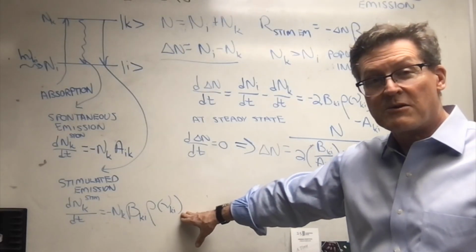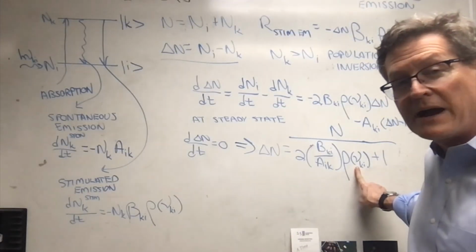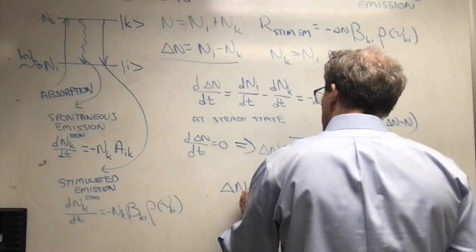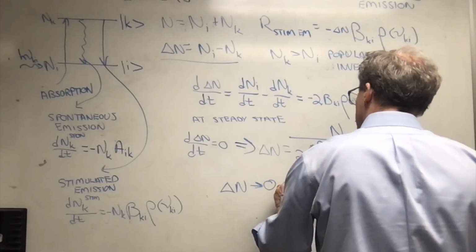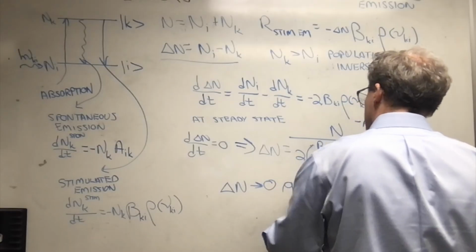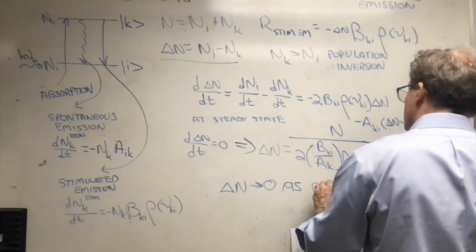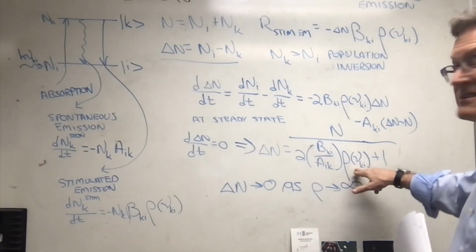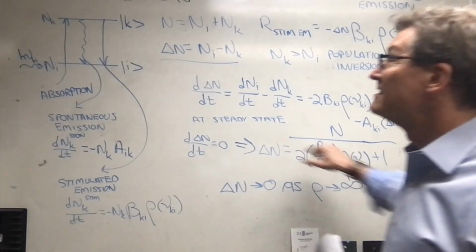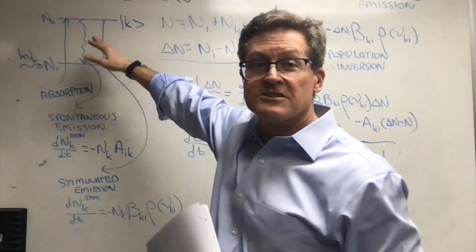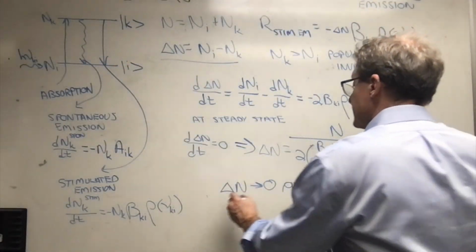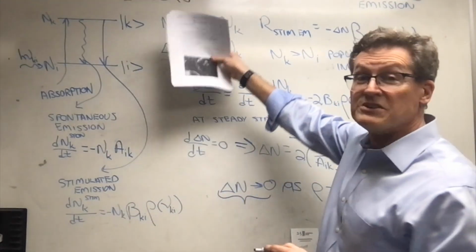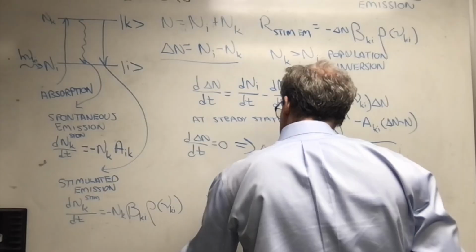Just hit it with more power? No. If you hit it with more power, delta n approaches 0 as the resonant power density goes to infinity. What happens is if you hit it really hard, you equalize the populations in both of these levels. This condition where we equalize the population, it goes 50-50, is known as saturation.